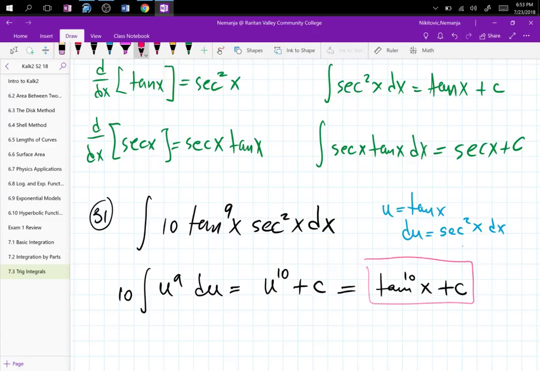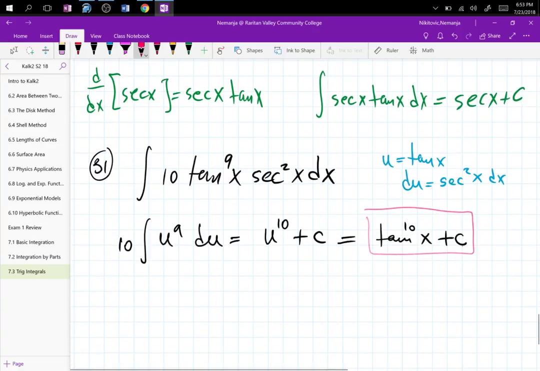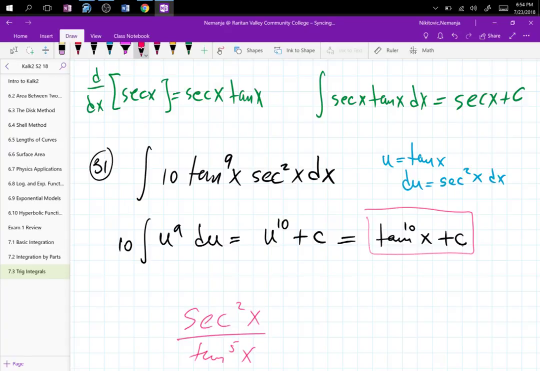Let's see some more diabolical setting. As we are talking about problem 31, toss in problem 36 in the same light, except they tell you it's secant squared divided by tangent to the 5th. Secant squared x divided by tangent to the 5th x.